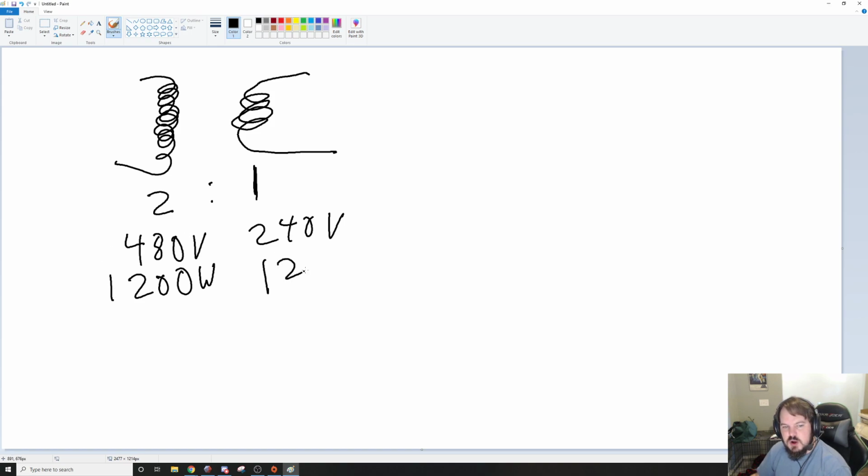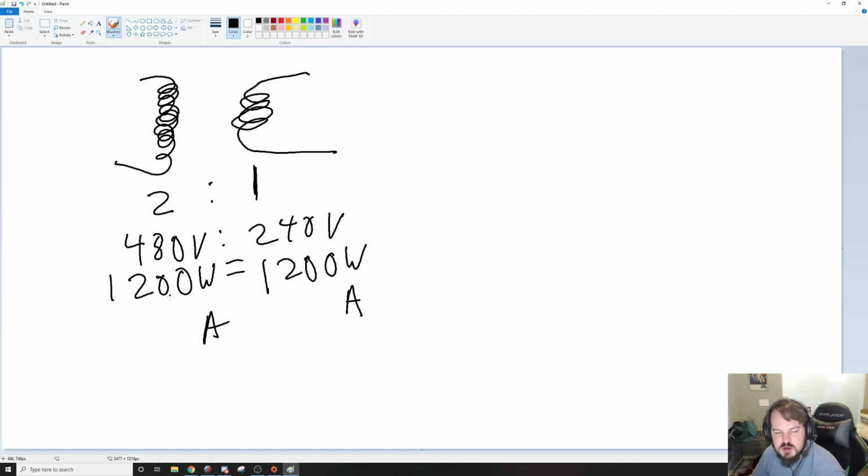It's going to be 1200 watts on the other side because transformers are based on their wattage. So for it to have the same wattage on both sides, with 480 volts going a 2-to-1 ratio, your amperage is what's going to change drastically.